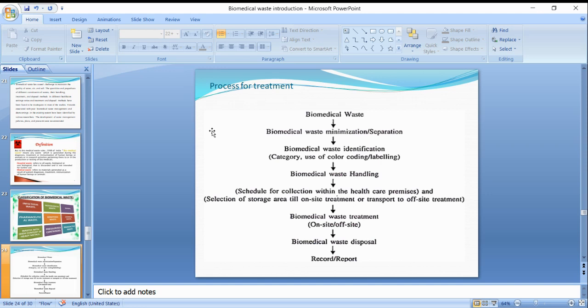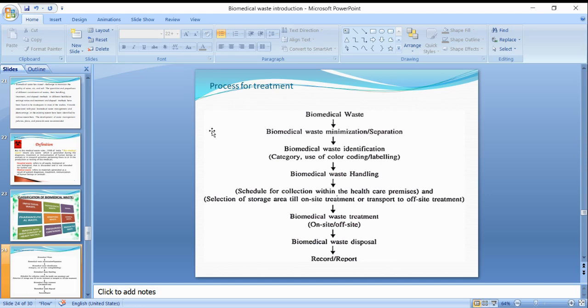After the separation comes biomedical waste identification. The separated waste we have to store in one place. How will we store it? By color coding and labeling the containers, we identify the medical waste.